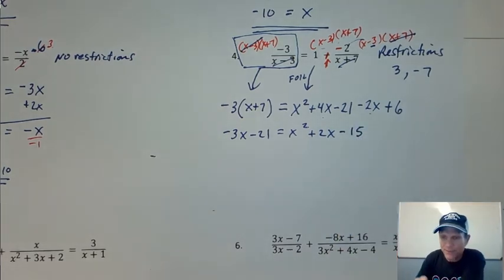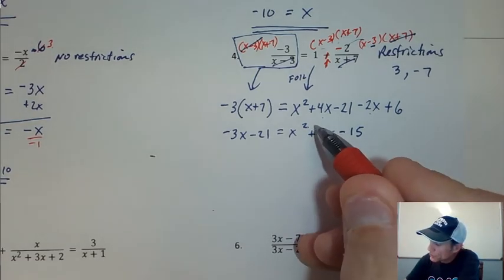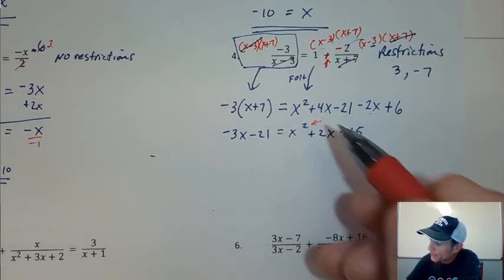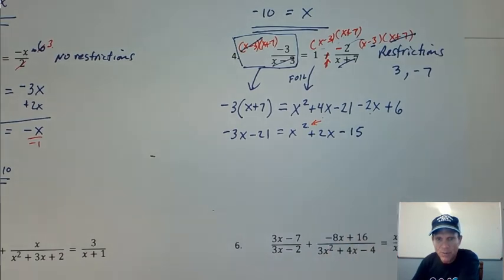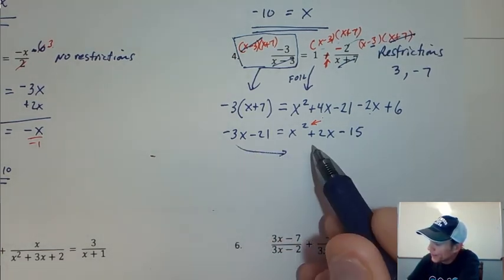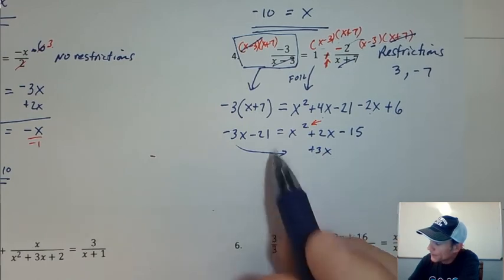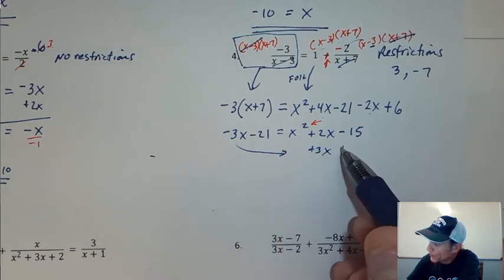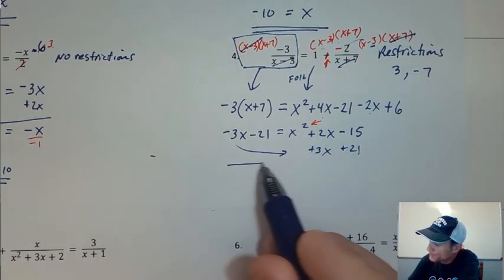Remember what we have to do here: we see this squared term, so we have to get all our terms onto one side, then factor and use the zero product property. We've done that before. I'm going to add 3x and add 21.